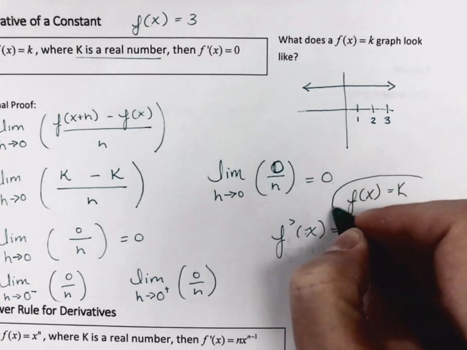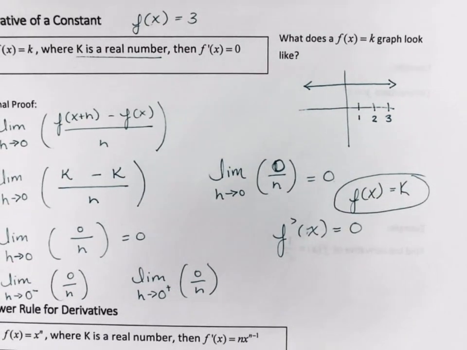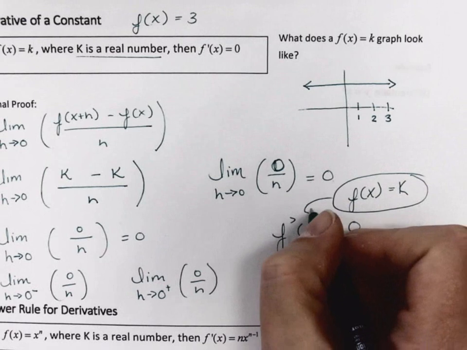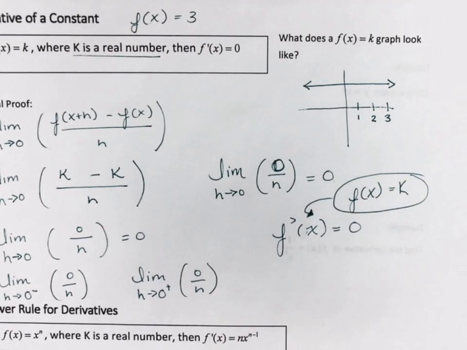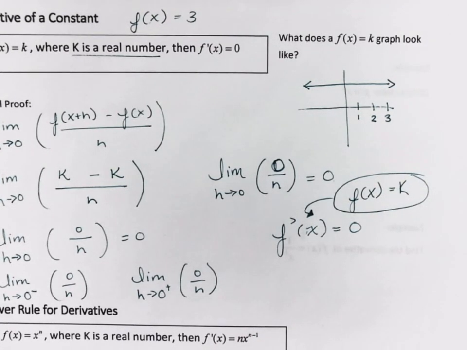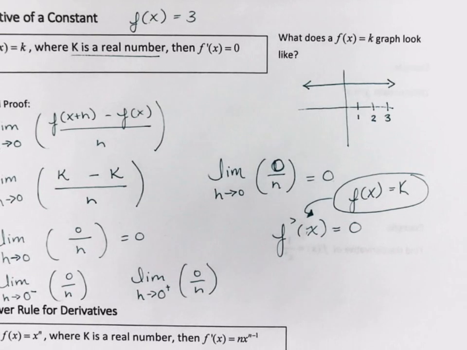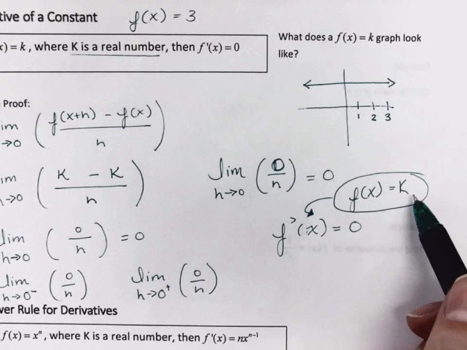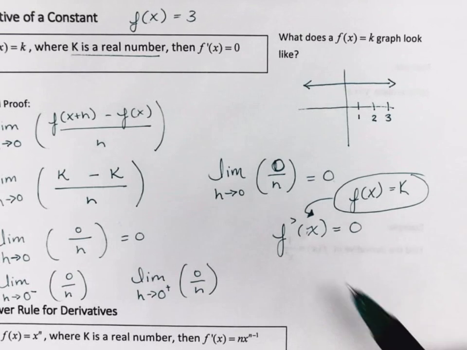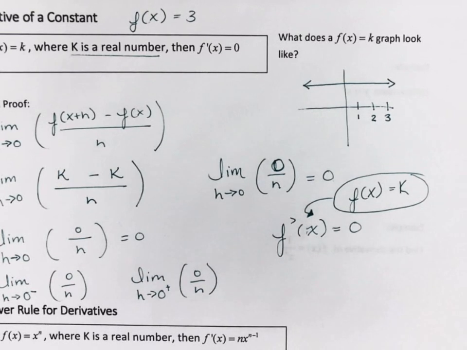So if my function is equal to a constant, the derivative will have a value of 0. And again, we're going to use these as we solve for more derivatives. So if you're starting out with y equals 3, you know the derivative of that is just 0. You don't have to do any math. You don't have to prove it to me. This is just the formal proof that it actually works. You can just put in 0.